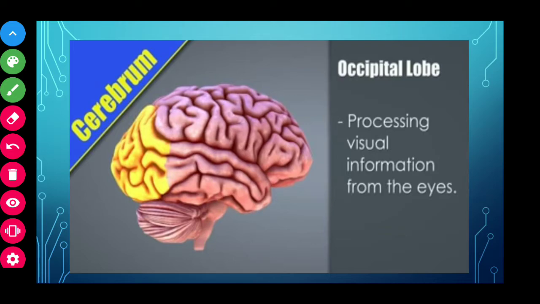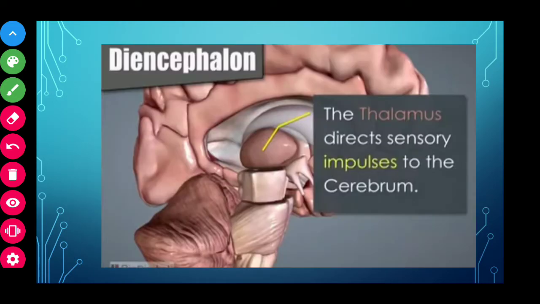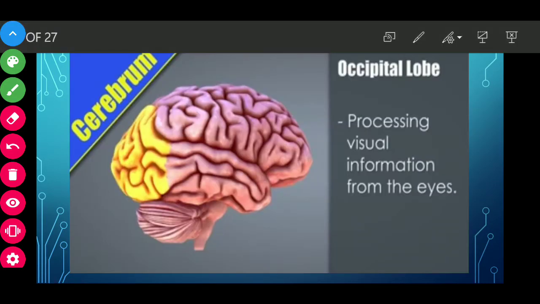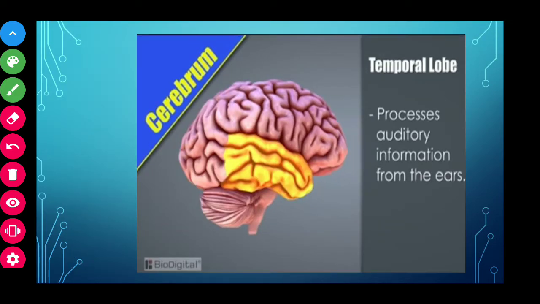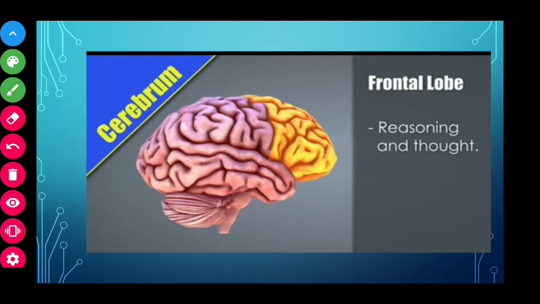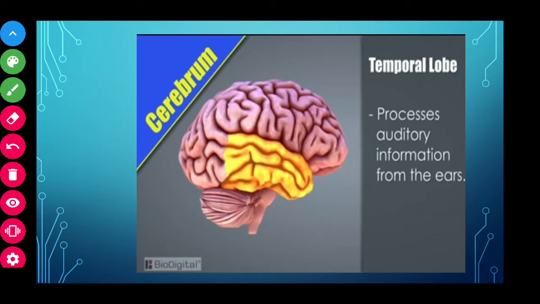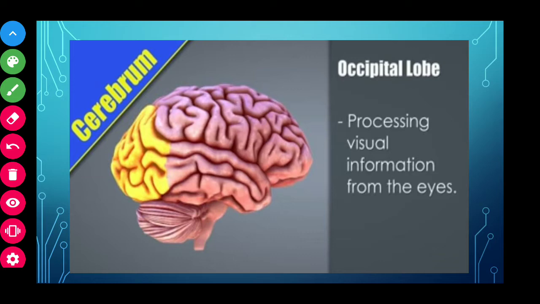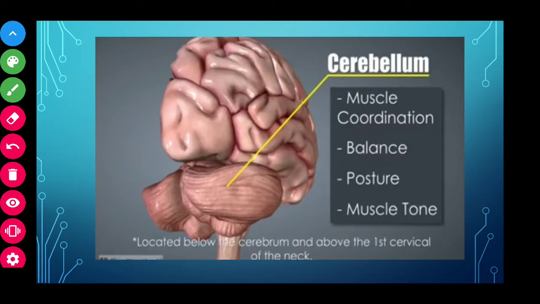And final one is occipital lobe, which is for processing visual information from the eyes. So these are the four lobes: frontal, parietal, temporal and occipital.